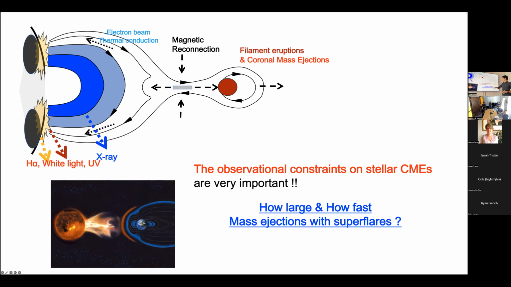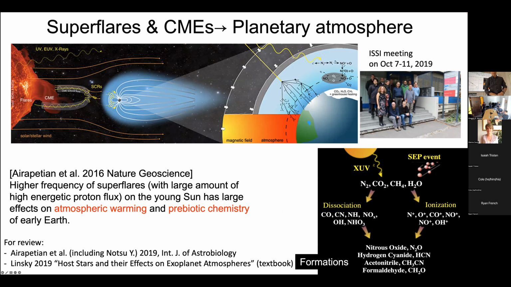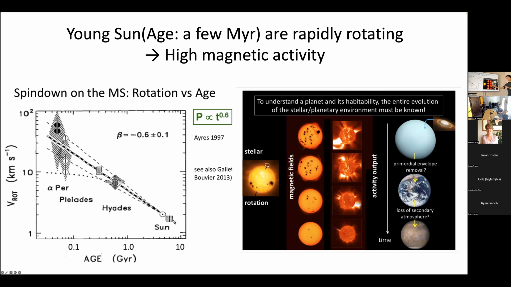So the observational constraint of stellar coronal mass ejection is very important to understand particle intensity on the Earth. Also, from another point of view, stellar coronal mass ejection observation is important. So the previous topic was mainly about the possibility of superflares and also super CMEs on our sun.